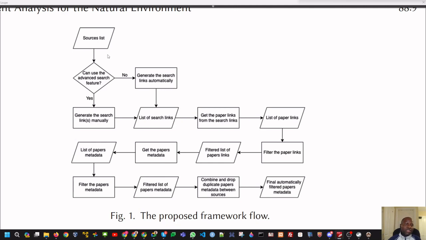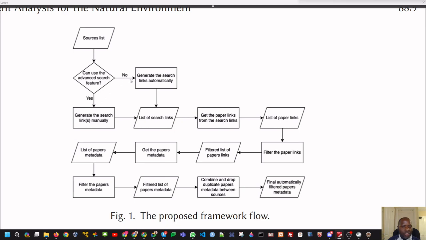It clearly shows that they have a sources list, which are those databases, right? And they check if they can do an advanced search feature. I think in most of those databases I have done advanced searches.